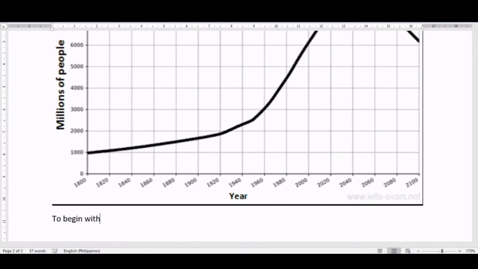To begin with, in 1800, world population stood at a flat 1 billion people. Remember the nominal trapper that was discussed in the last video?